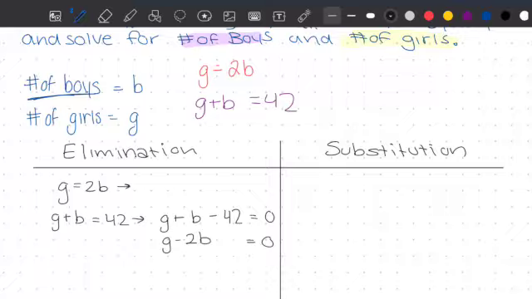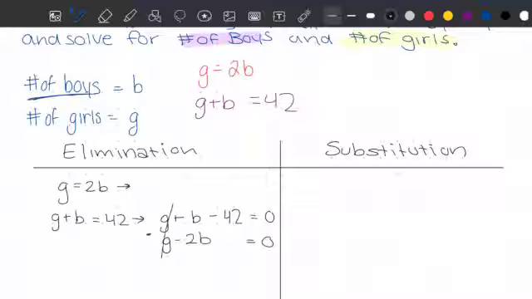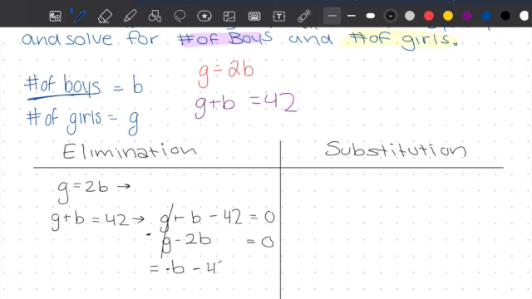G or B? Yeah, so I'm going to subtract G, because if I go G minus G, that's going to cancel each other out. And then I'm going to be left with B minus 2B, which is just negative B. Minus 42 equals 0.